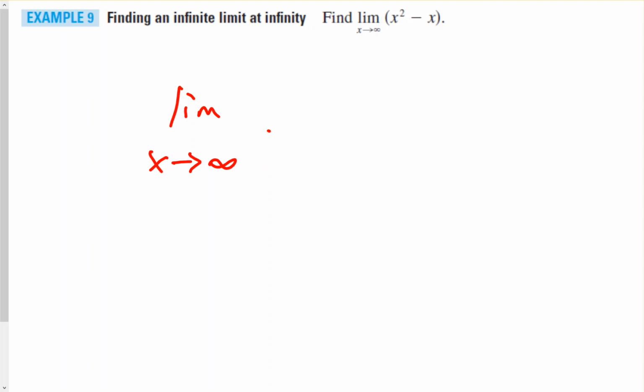You could say this is x times x minus 1. So basically you have infinity times another infinity, something really large times something really large, which will also be infinity. You've got to think big picture here as x goes to infinity.